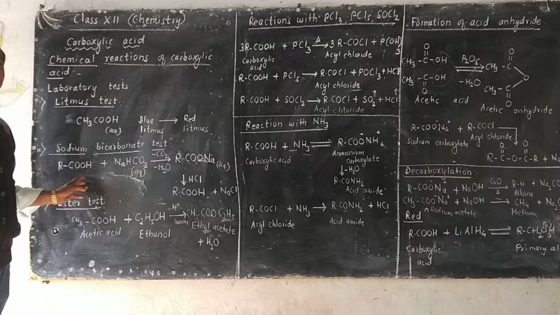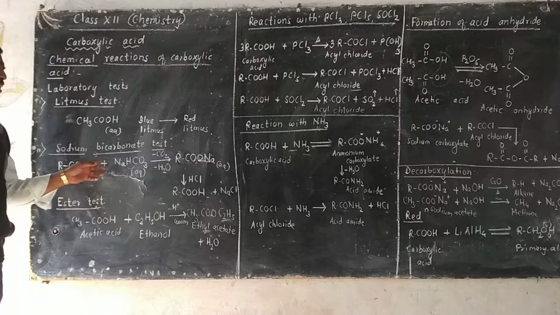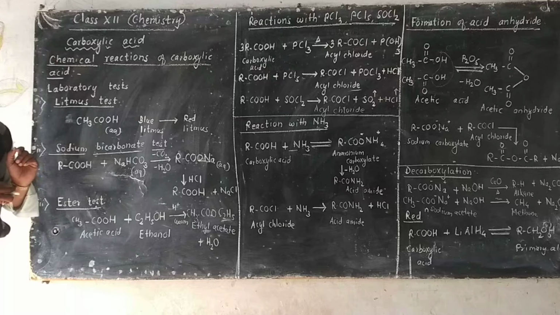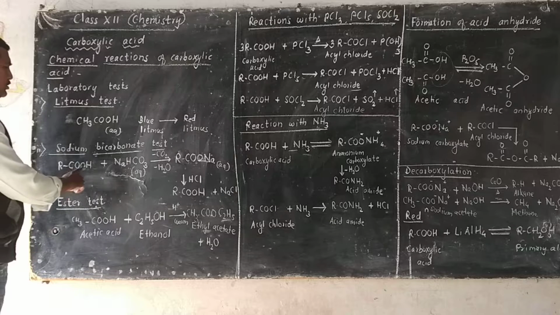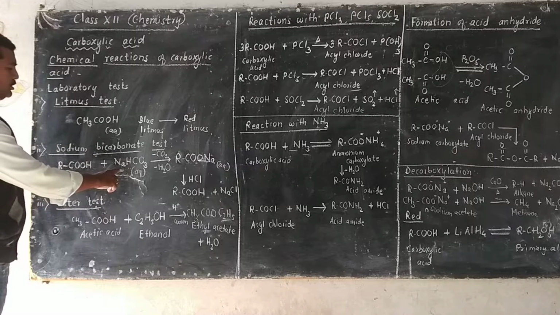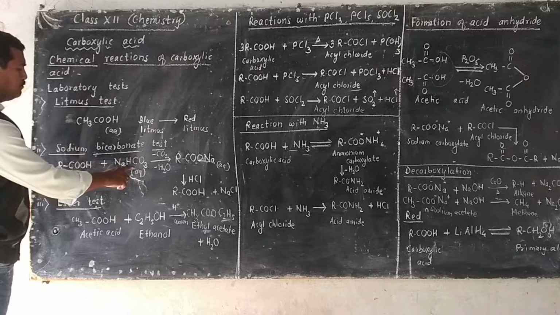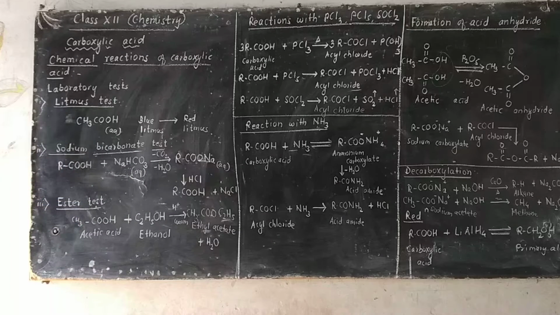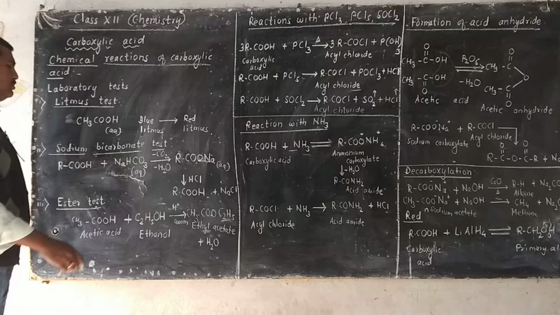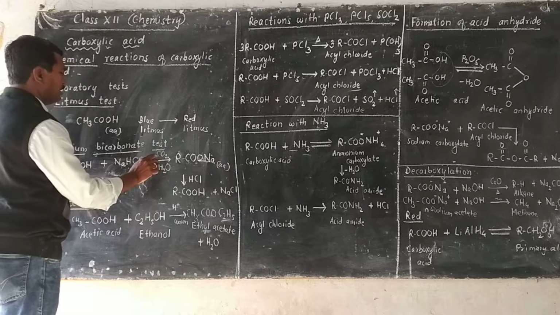Then, sodium bicarbonate test. Sodium bicarbonate is known as baking soda. Here the aqueous solution of carboxylic acid reacts with sodium bicarbonate solution. Then effervescence is seen from that mixture, and that effervescence is of carbon dioxide.